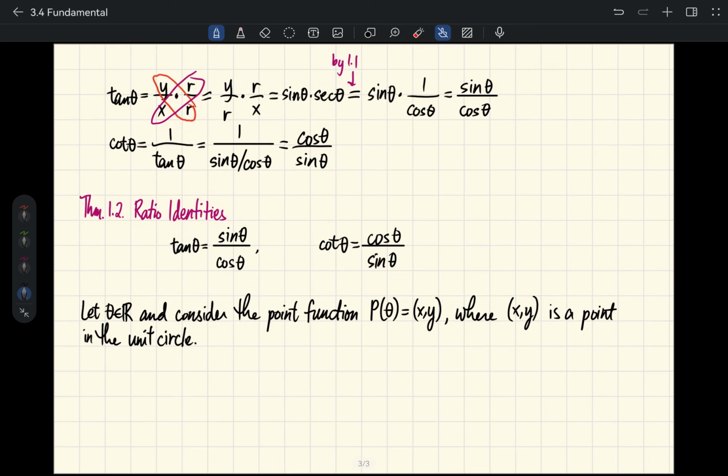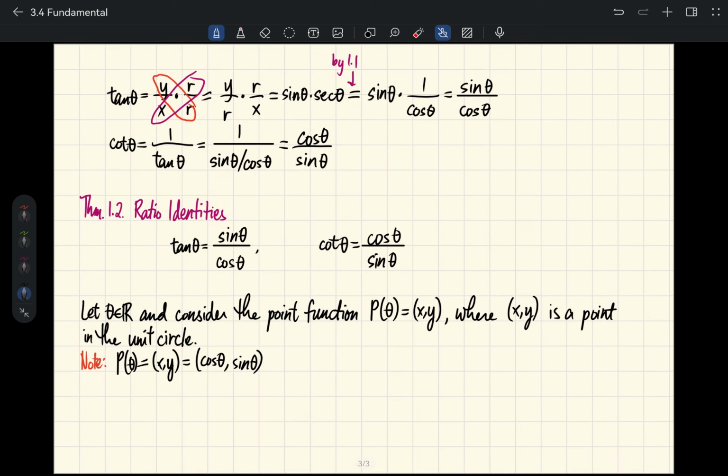Recall from our discussion before that we can write x and y in terms of theta. By definition, P of theta equals xy can be written as cosine theta, sine theta.